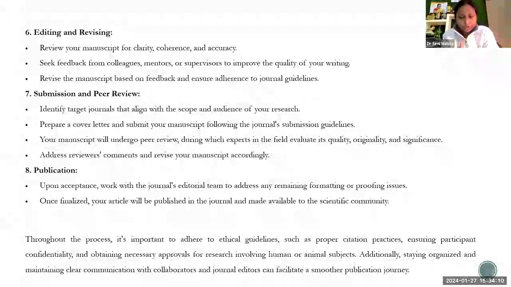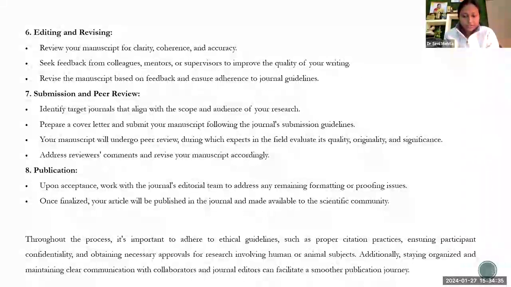During this time, experts in the field will evaluate the quality, originality and significance of the research. After a few days, perhaps, you may hear from the journal editorial team with the reviewers' comments, and then you may have to revise your manuscript accordingly.